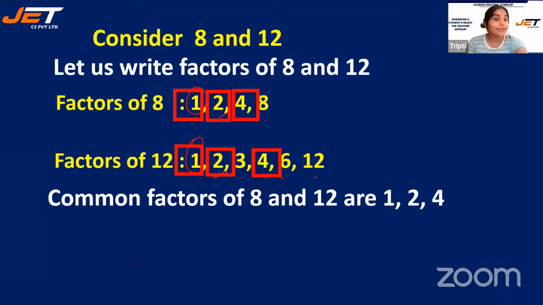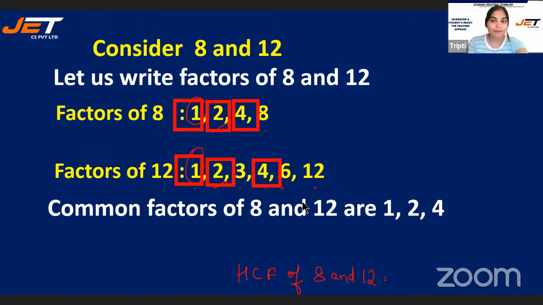I would like to know the highest common factor here. Children, which is the highest common factor of 8 and 12? What is the HCF of 8 and 12? May I know, please? I want the answer in the chat box. What is the highest common factor of 8 and 12? I'm looking at the chat box.